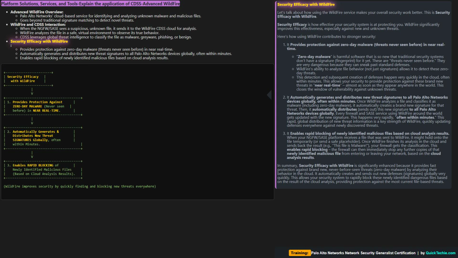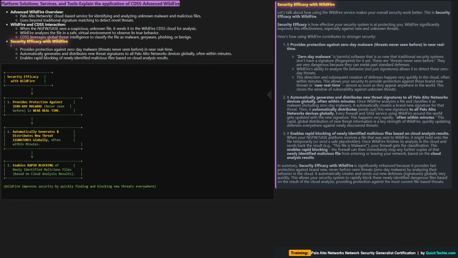WildFire's ability to analyze file behavior, not just signatures, allows it to detect these zero-day threats. This detection and subsequent creation of defenses happen very quickly in the cloud, often within minutes. This allows your security to provide protection against these brand new threats in near real time, almost as soon as they appear anywhere in the world. This closes the window of vulnerability against unknown threats.